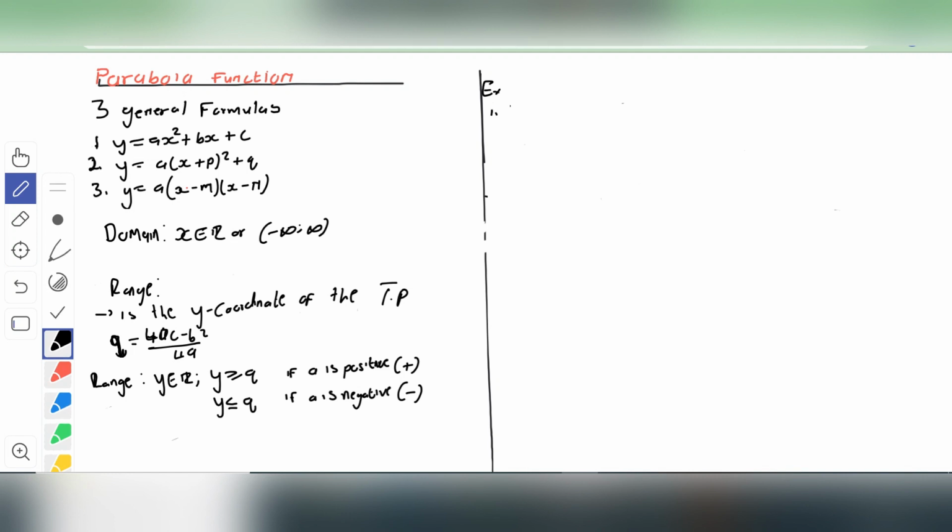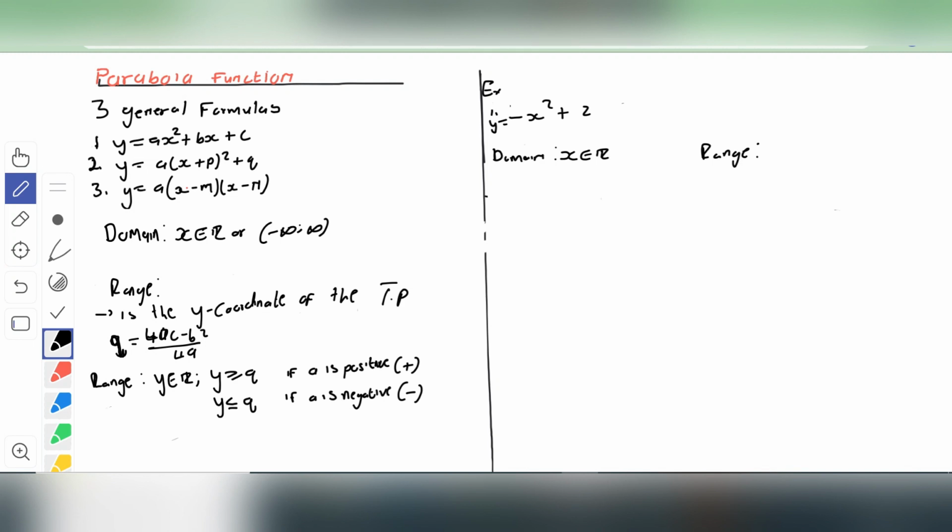The first example, let's say we have y is equal to minus x squared plus 2, and you're instructed to find the domain and range. We know that the domain for a parabola is always x is an element of real numbers.